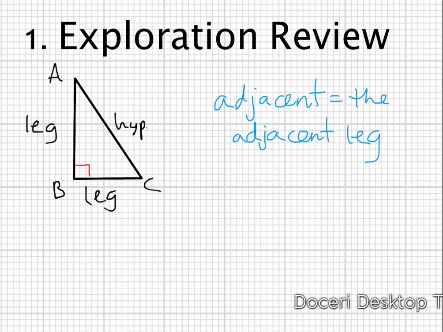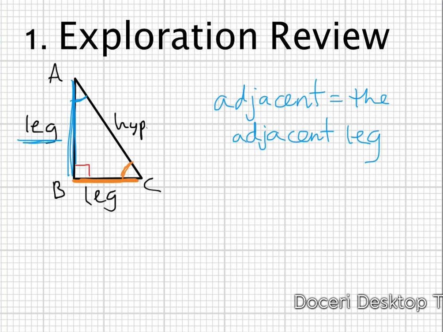So if I was to say we're looking at angle A here, the adjacent side would be the leg that makes up a part of angle A, which would be this side right here. If I'm talking about angle C, then that means my adjacent leg would be this side of the right triangle.